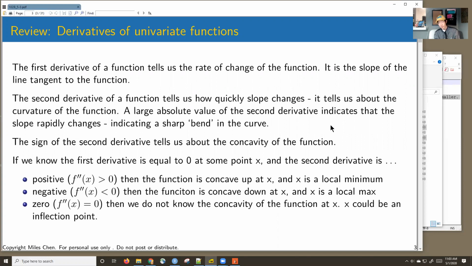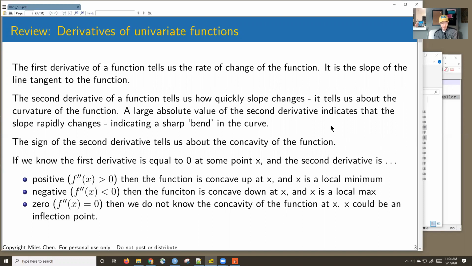The first derivative is the value of the slope. The second derivative tells you how quickly that slope changes, and it tells you about the curvature of the function. Furthermore, the sign of the second derivative tells you whether the function is concave up or concave down, and whether x is a local min or local max.